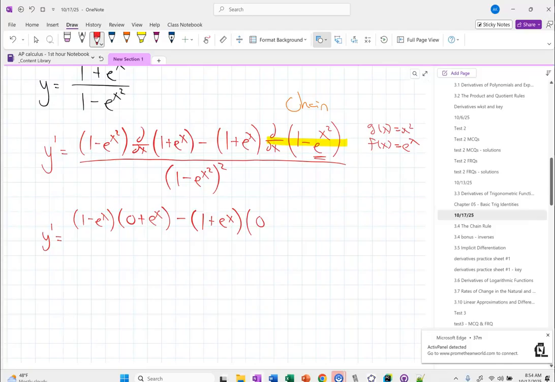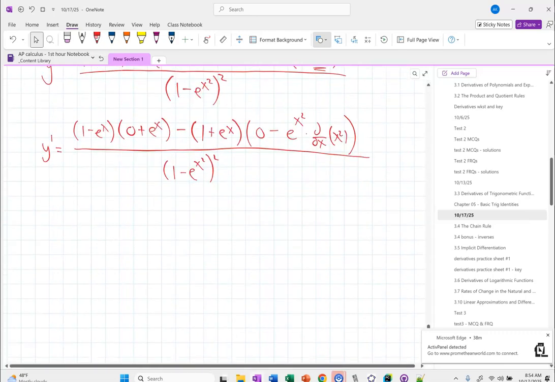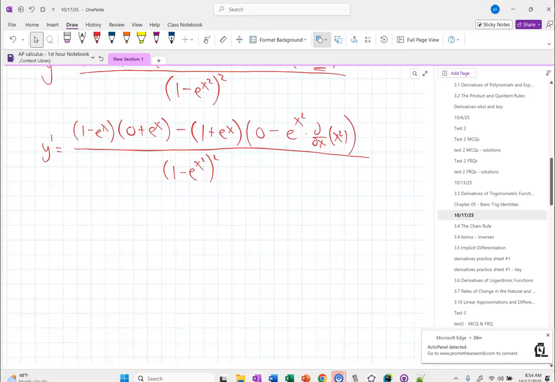And then to differentiate e to the x squared, I'm going to have derivative of the outside, which is just e to the x, times derivative of the inside. And maybe that's a simple enough derivative that you would do it in one step instead of doing the extra step. But I'm going to write out the extra step because these are notes. If you're going back to look at something, I want it to be super crystal clear where the 2x comes from.